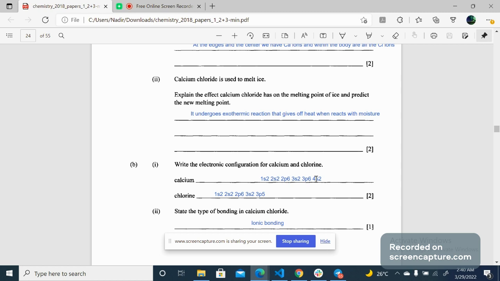Why are we moving towards the fourth shell? It is due to the requirement of stability for the element or metal, whatever the case may be.